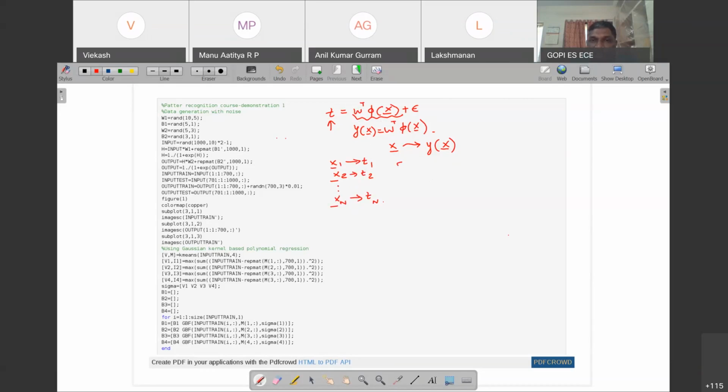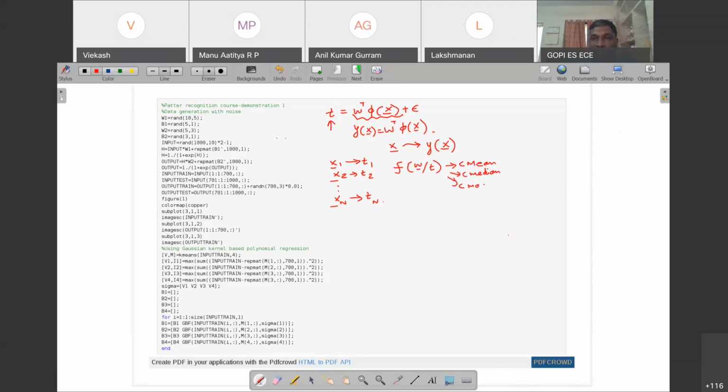In fact, the classical solution is to go for the posterior density function of w given t, and then take the conditional mean, conditional median, or conditional mode.